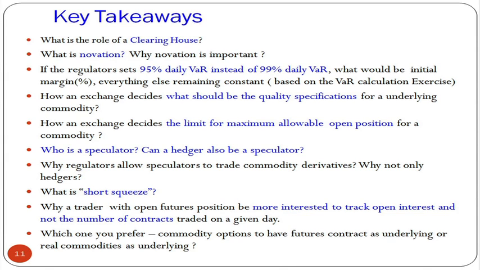So these are the key takeaways from the last couple of sessions: what is the role of a clearing house, what is novation, how value at risk can be calculated, how an exchange decides what should be the quality specification for an underlying commodity, how an exchange decides the limit for maximum allowable open position, who is a speculator, what is a short squeeze.